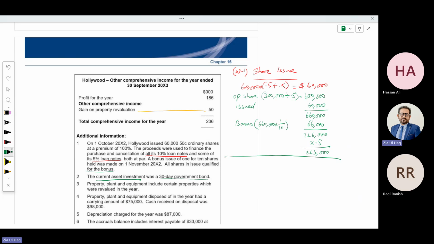So from here we can calculate cash and cash equivalent, opening and closing, 20x2 and 20x3.